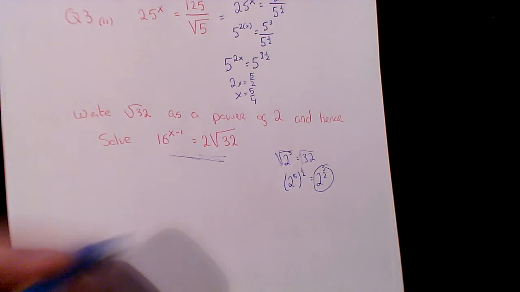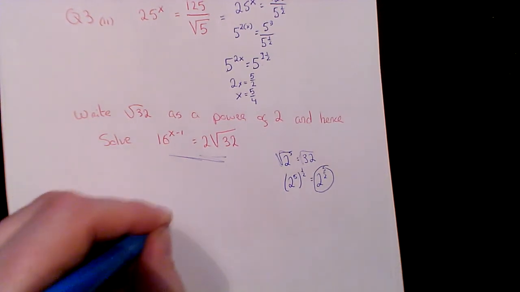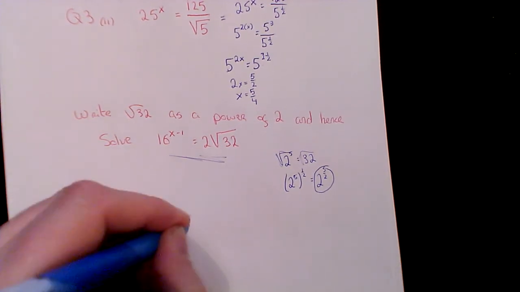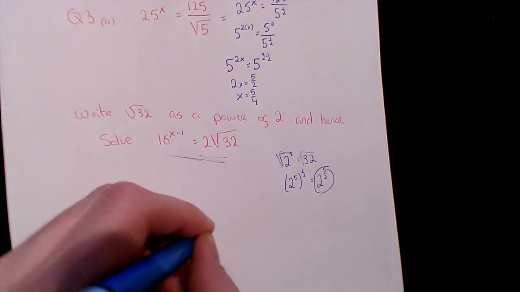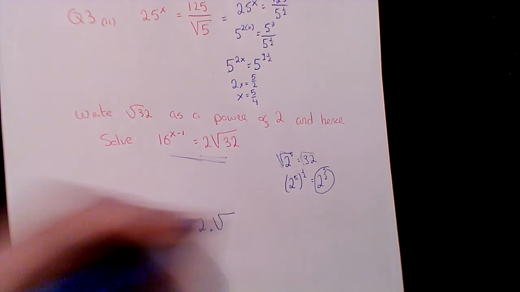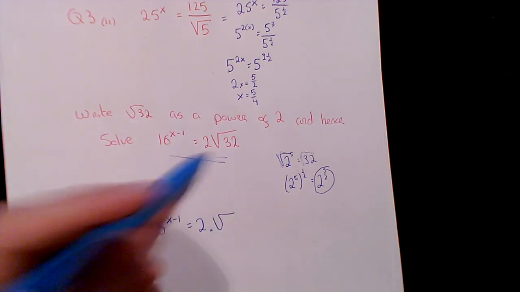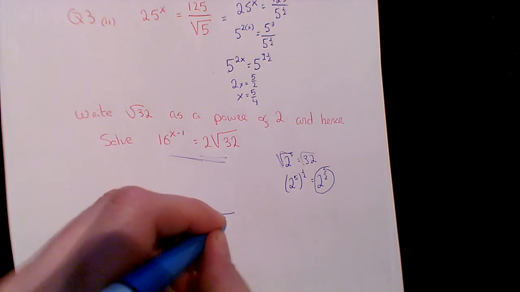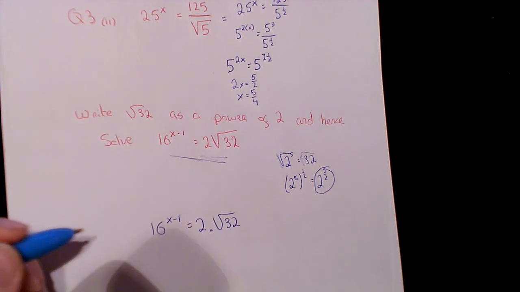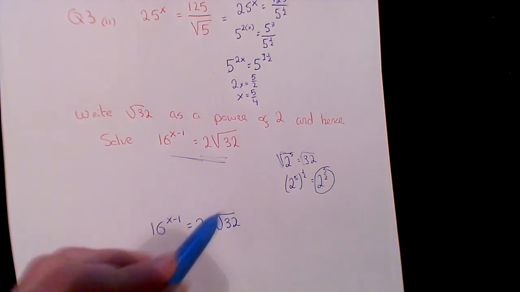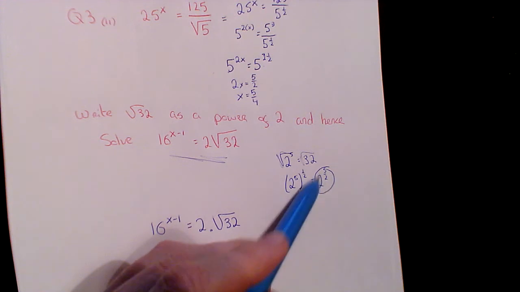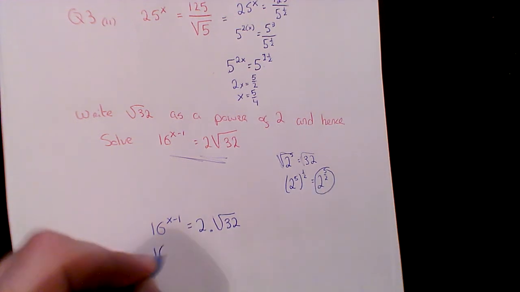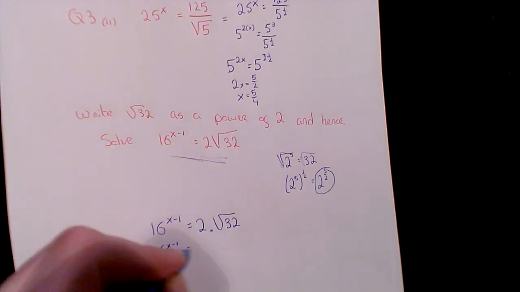Now we're going to use that to solve this: 16 to the power of x minus 1 equals 2 multiplied by the square root of 32. The 2 is multiplying the square root of 32. We already know what the square root of 32 is as a power of 2, so I'll rewrite that.